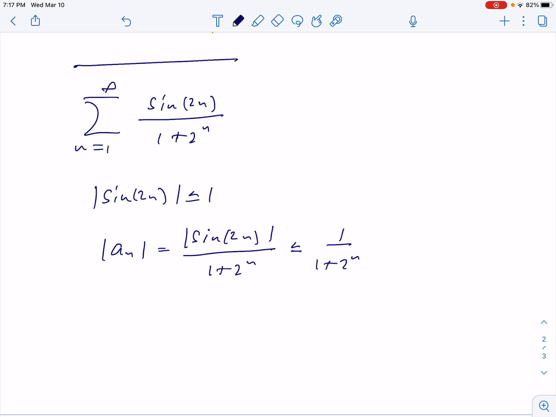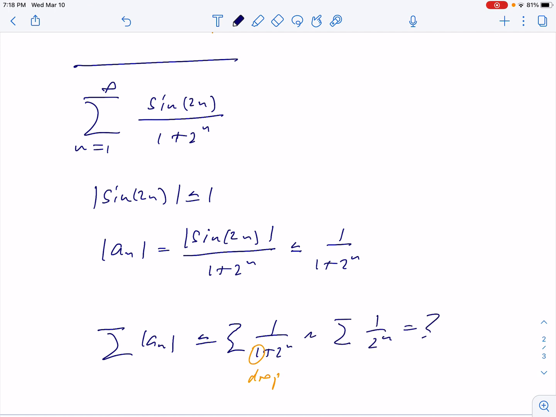So if you look at the series with absolute values here, this will be less or equal to the series 1 over 1 plus 2 power n. And now we can drop this constant 1 again. And the resulting series is similar to 1 over 2 power n, which we write 1/2 power n.